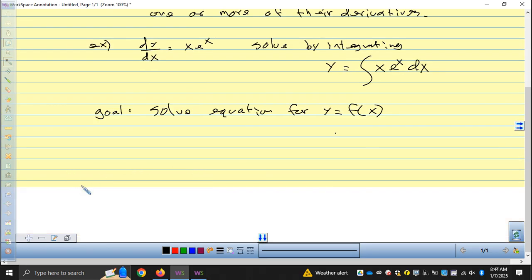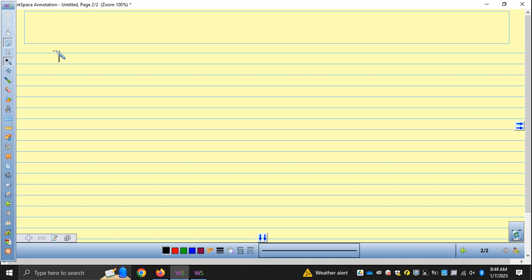So we're going to talk about a number of types of differential equations. I'm going to abbreviate it ODE. ODE is an ordinary differential equation.